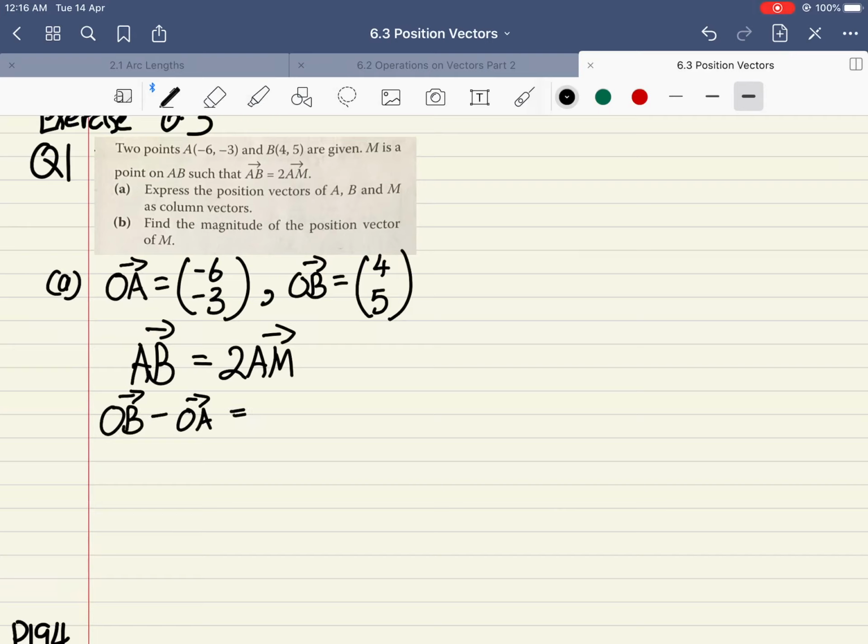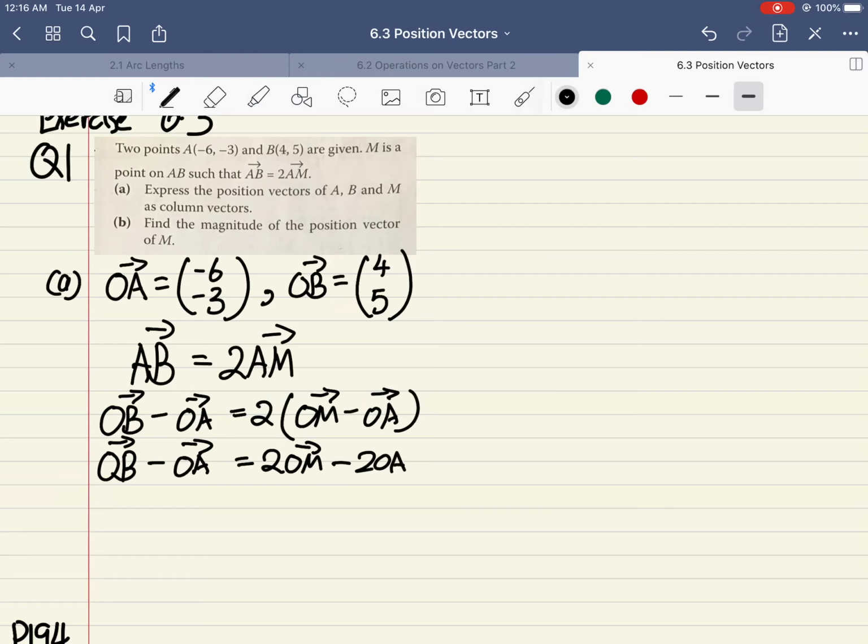So AB will be OB minus OA equals 2 times, if AM is expressed as position vectors, OM minus OA. Then what we get is OB minus OA equals 2 times OM minus 2 times OA.